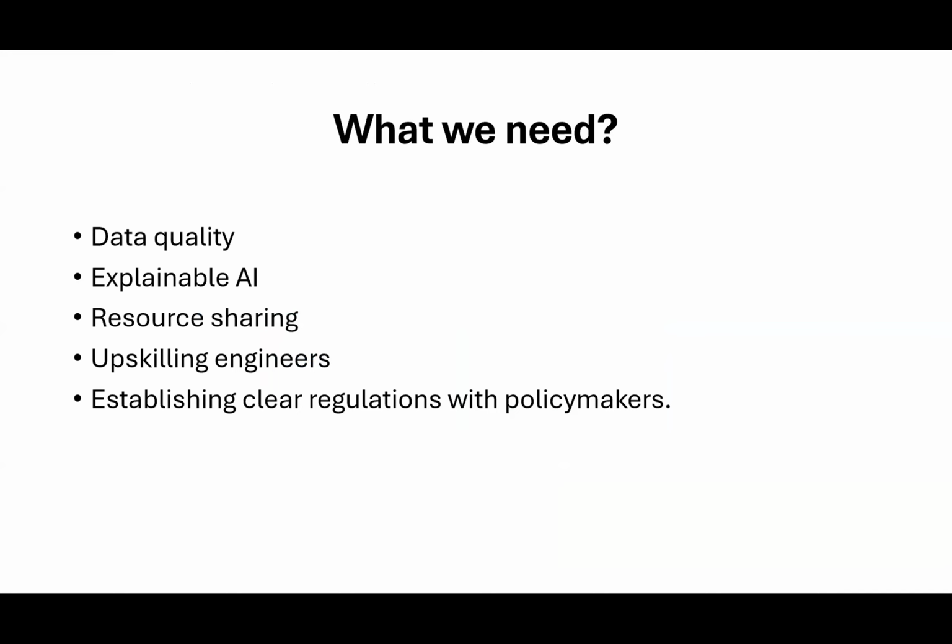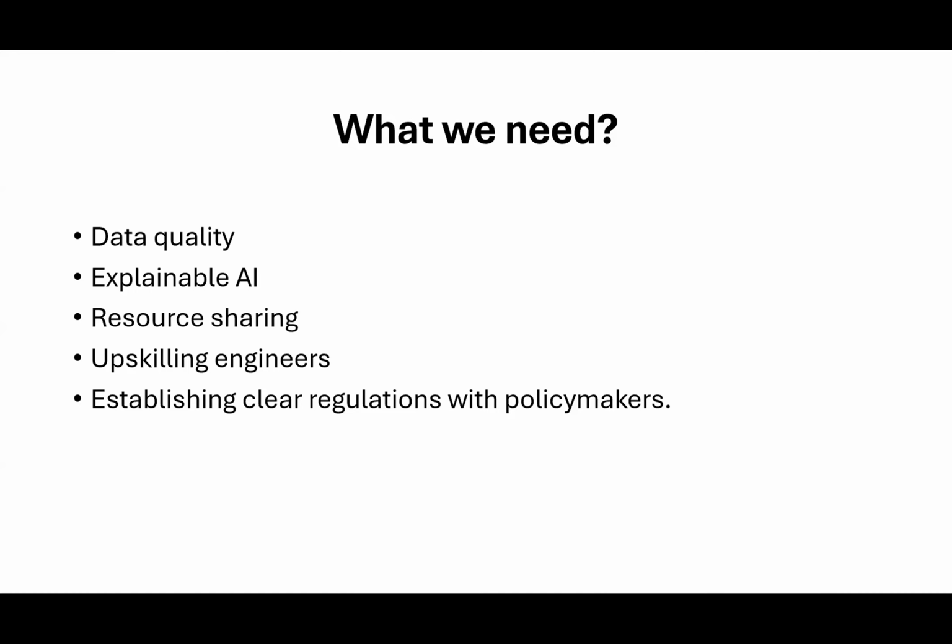The first one, we need huge data. We need quality. We need data with no missing values. We need no bias in this data. We need correct data. We need huge data, as we said.